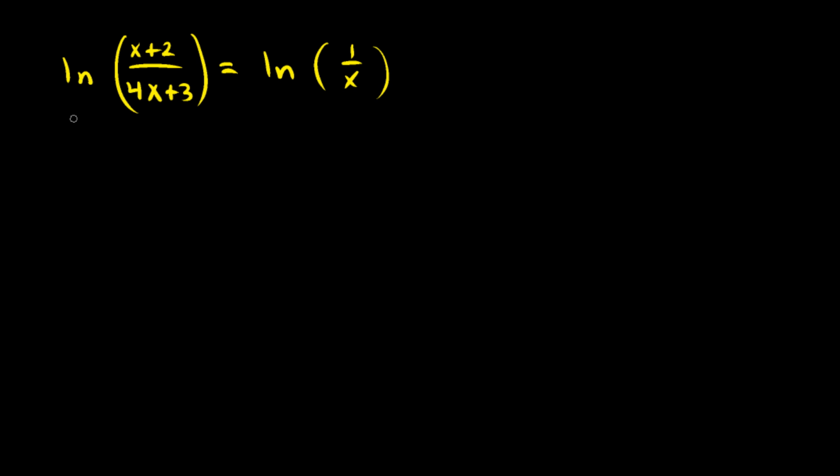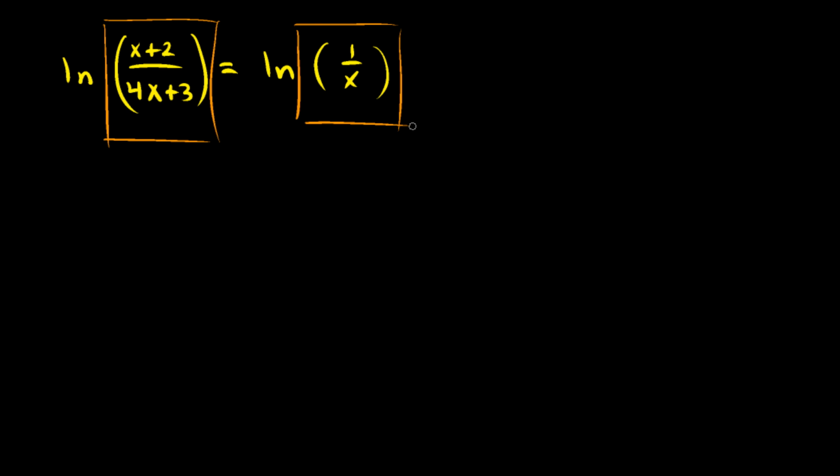Now we have this. You sort of see symmetry here. ln of something equals ln of something else. That would indicate that this here has to be equal to this. And this is a one-to-one situation where you've got that symmetry.